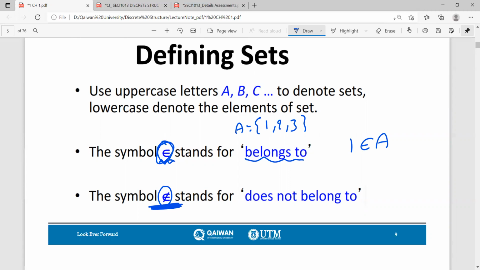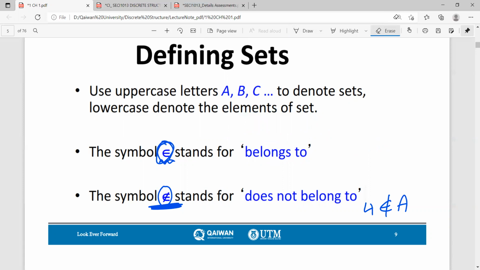For example, here we say 4 doesn't belong to A. As you see, in set A, we have no 4. So it's how we say if we have an element in a set or not.